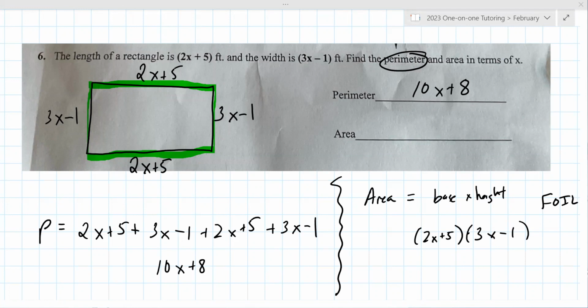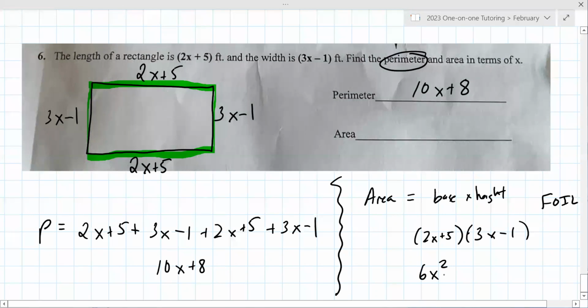6x squared, okay, minus 13x minus 5. So 5 times 3x is positive 15x, minus 2x, and then minus 5.